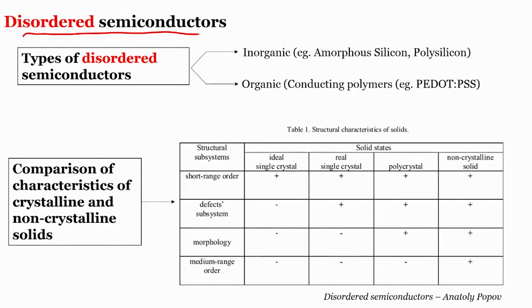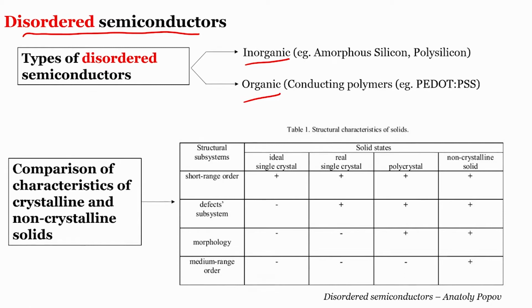Disordered semiconductors can be classified into two depending upon the intrinsic constituent materials that are present. One is inorganic, like amorphous silicon, polysilicon. Amorphous means completely disordered, poly means somewhere in the middle, which we have seen in the previous slide.